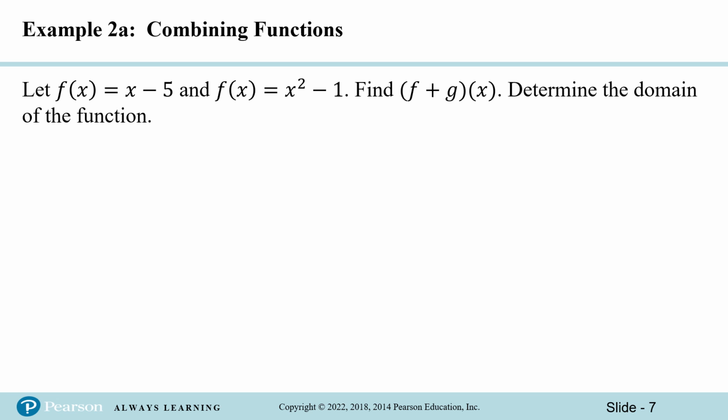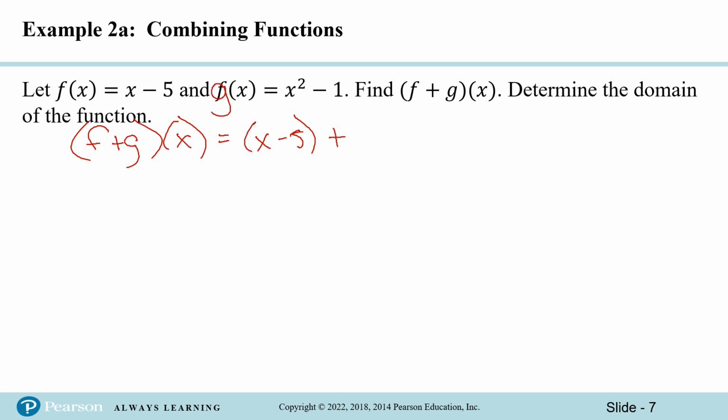Okay, so we need to find f plus g of x, and we need to also find the domain of the function. Okay, so what does that mean? So first we're going to take f plus g of x, and that means we're going to take our f function and add, oh, it looks like a typo.